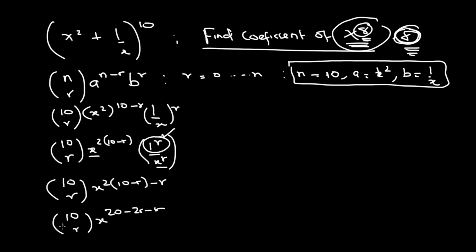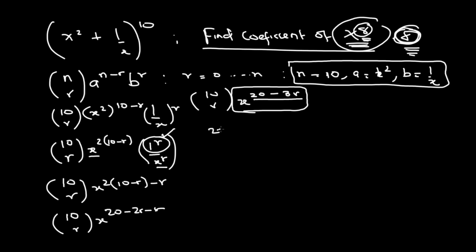So once we simplify this, we're going to have 10Cr, then this will become x^(20 minus 3r). Okay, now we are somewhere. Now we can see this is x, and then it's got a power here, 20 minus 3r. And that is now the one that we're going to equate to 8.